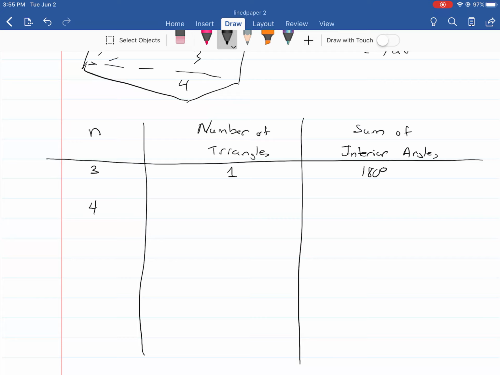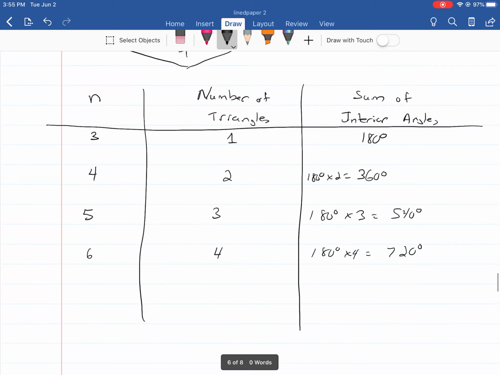For a four-sided figure, we got two interior triangles, and the sum of the angles was 360. Because what we did is we took 180 degrees, we multiplied it by 2. For a five-sided figure, we got three interior triangles, and so then it was 180 times 3, it's 540. And the last one we did was 6 sides. There was 4 interior triangles, and so we went 180 times 4, which is 720 degrees.